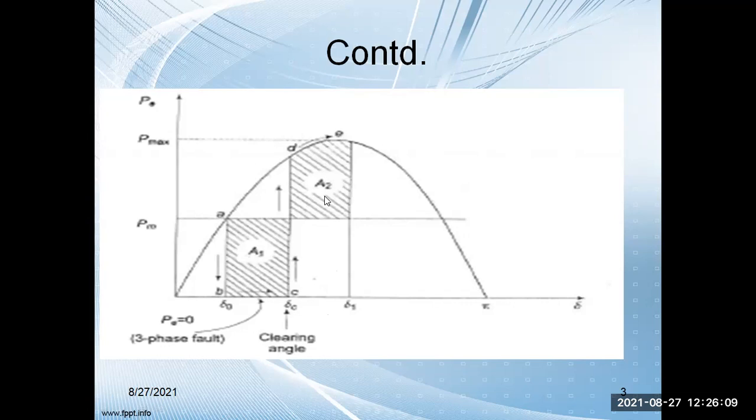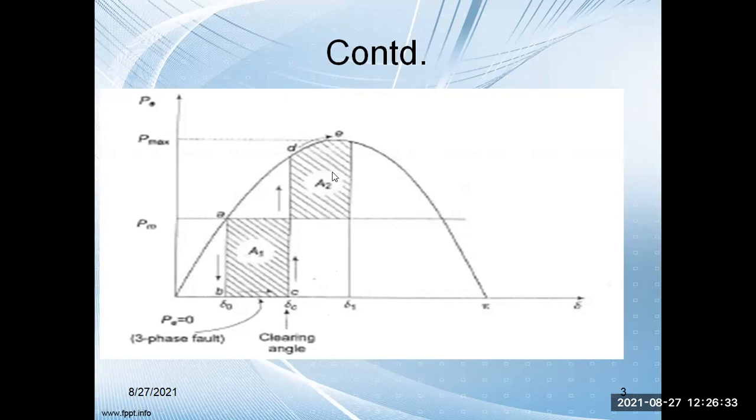Now, as per the equal area criterion, the area A1 should be equal to the area A2 for power system stability. Here we understand that whatever energy the rotor consumed in this region will be completely released.